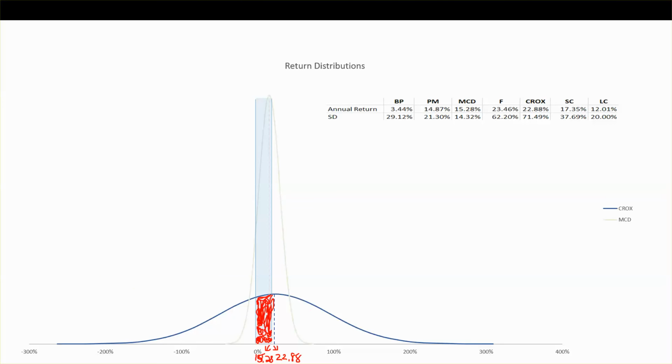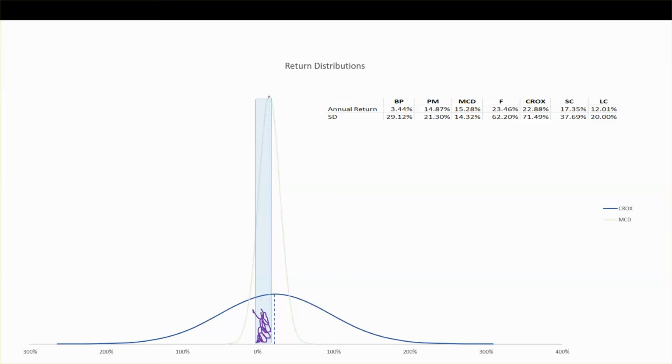And here's hoping I can figure out how to change the ink color. I'll use purple for McDonald's. I might also be interested in knowing the likelihood of McDonald's earning anywhere between 0% and 20% return. And I'm going to erase the red so it doesn't interfere. But the likelihood of McDonald's earning between 0 and 20% is the portion of this blue shaded area that falls under the green curve.